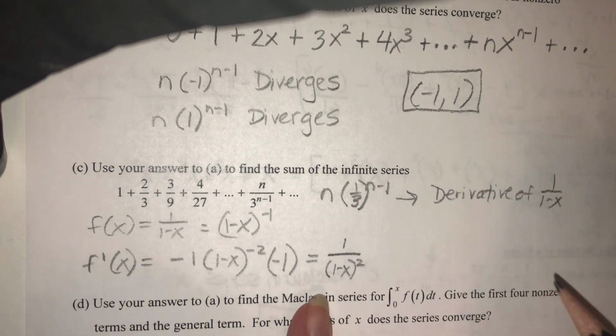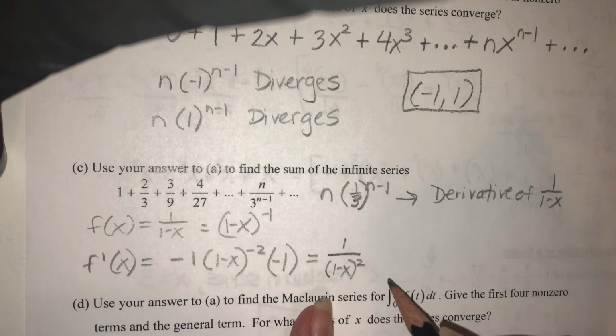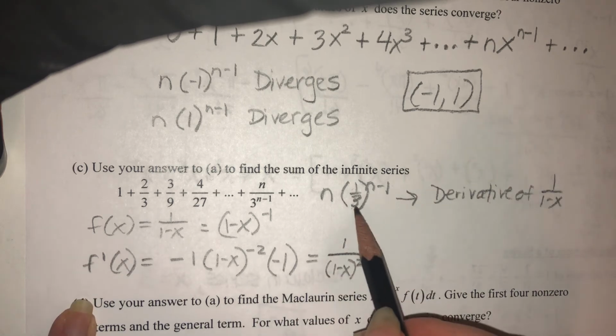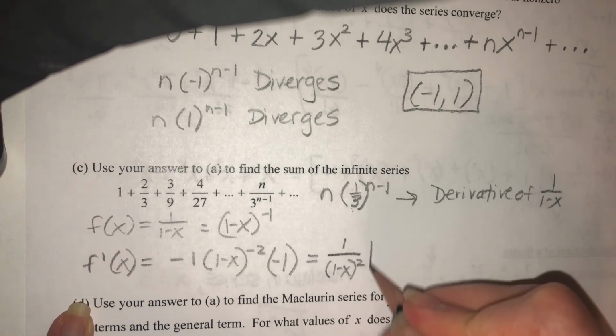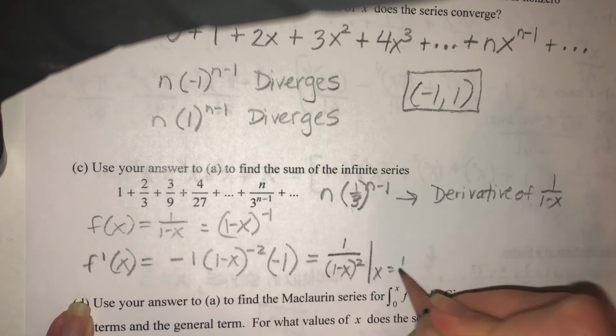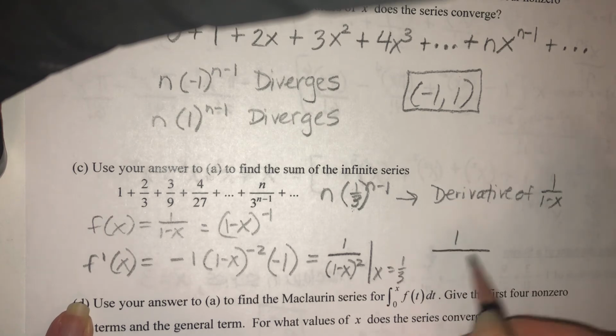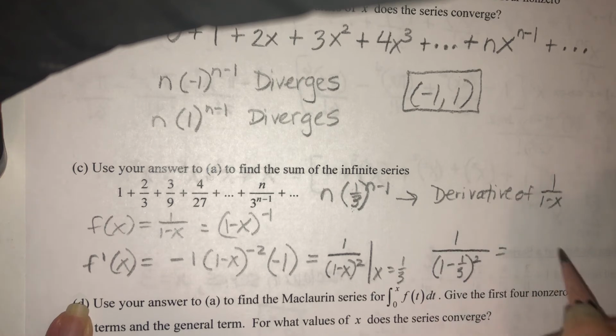And we need to find the value of this derivative when the x value is 1/3. So if I go such that x equals 1/3, I can substitute 1/3 in place of the x and evaluate this.